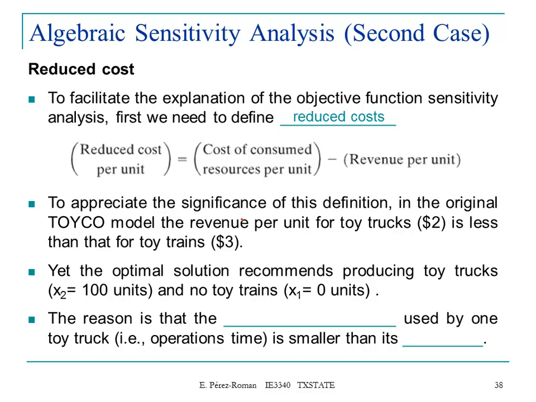So to appreciate the significance of this definition, in the original Toyco model, the revenue per unit for toy trucks is $2, less than for toy trains. That's something that you saw in the original formulation. So even though you're making less money with the trucks, you end up producing more trucks and producing no trains, because it costs you more to produce those trains than it costs you to produce a truck. Yet the optimal solution is producing toy trucks, x2 equals 100 units, and no toy trains.